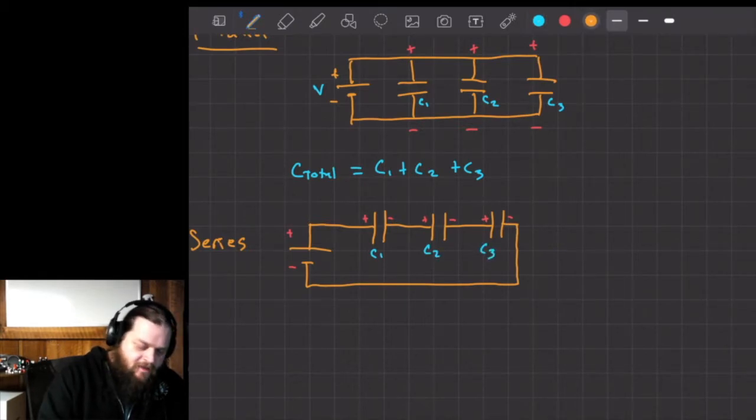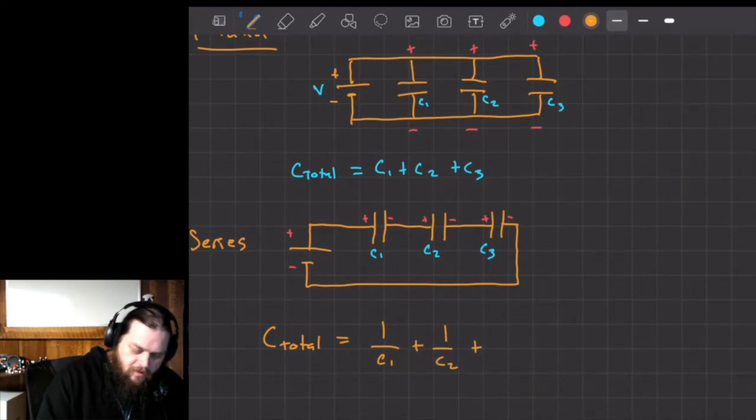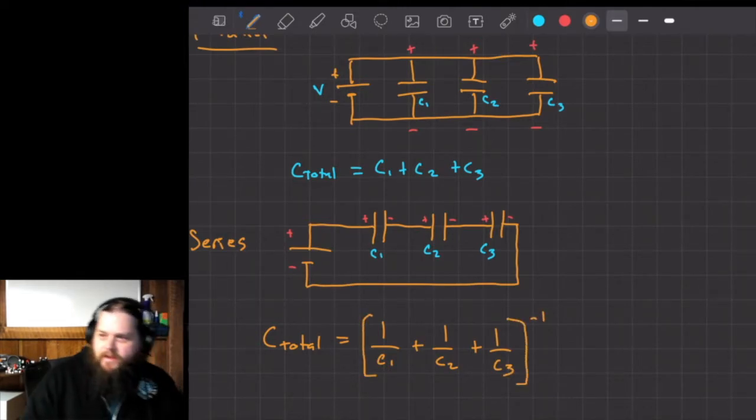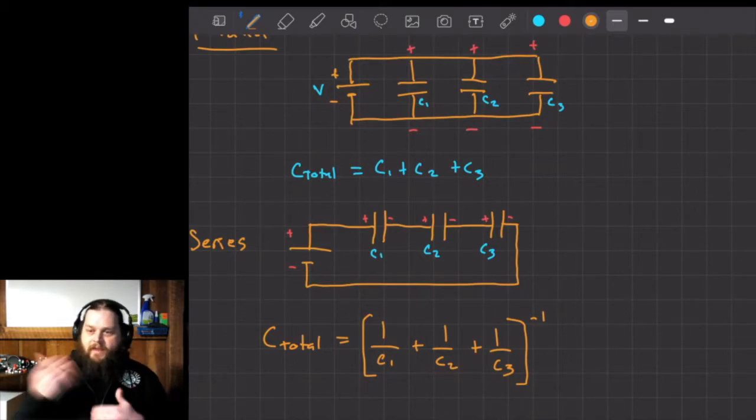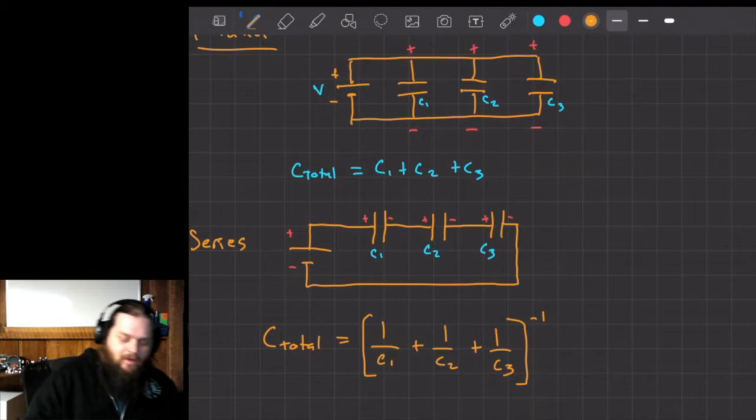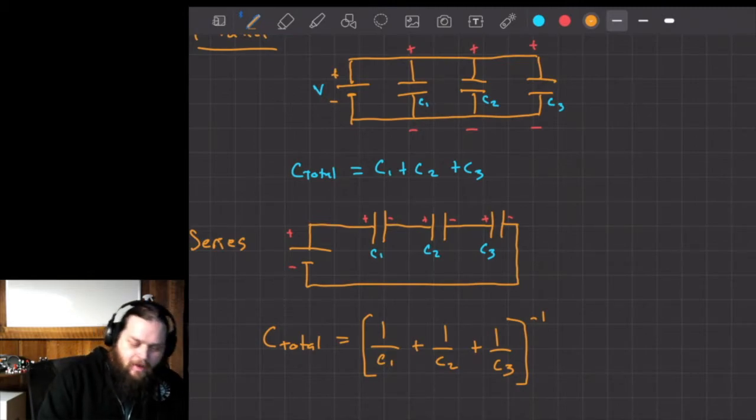And to add up these capacitor values, the total is going to equal 1 over C1 plus 1 over C2 plus 1 over C3. And we're going to take that whole value and invert it, take it to the negative 1 power. So when we add up the reciprocal of each capacitor value and then take the reciprocal of that sum, we get the total capacitance of capacitors in a series.